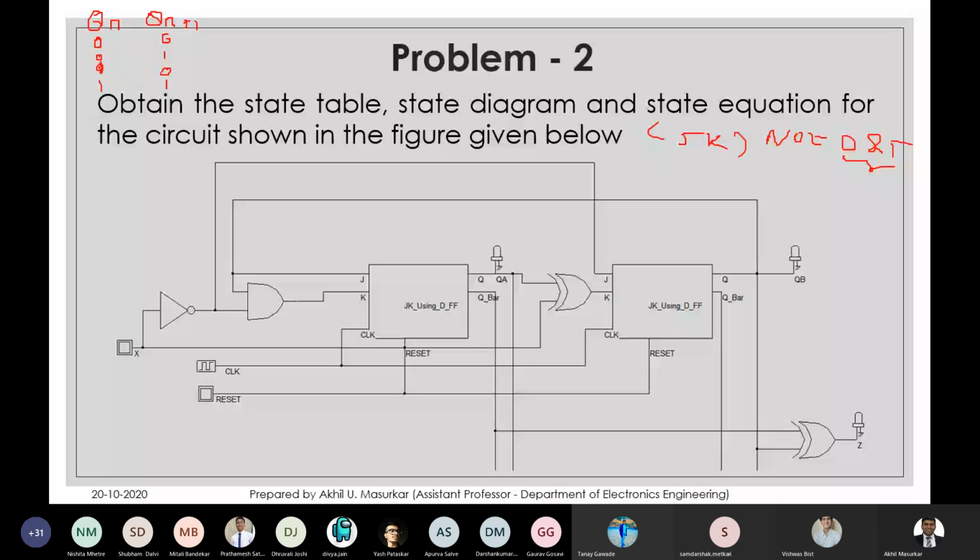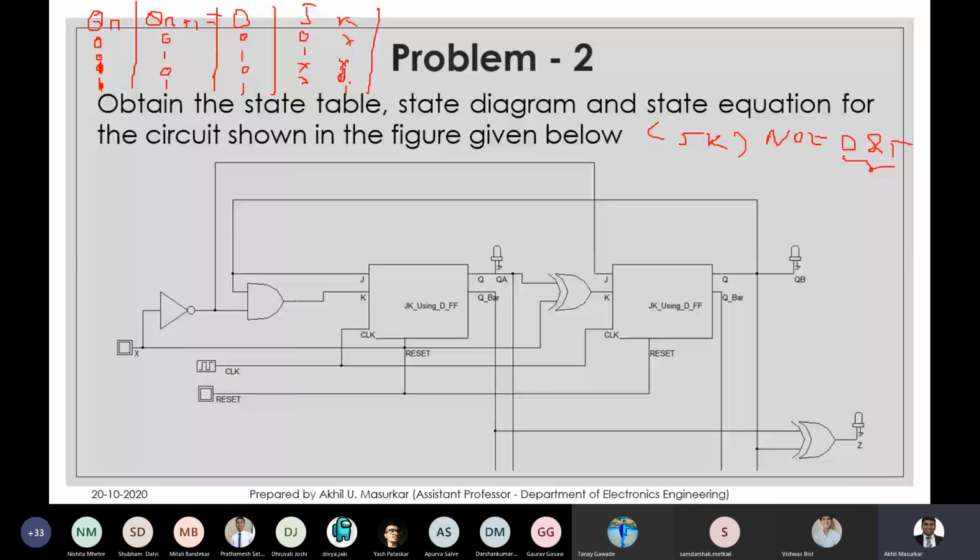So here the excitation table of the D flip flop was 0, 1, 0, 1. That is why we could write D is equal to Qn plus 1. But for JK, it is going to be 0, X, 1, X, X, 1, X, 0.